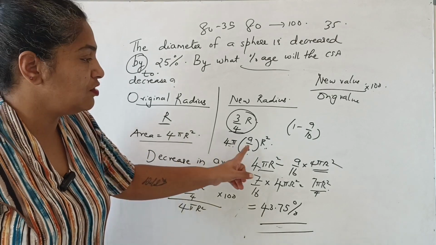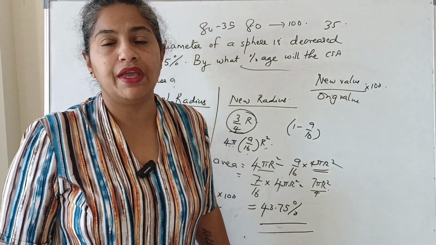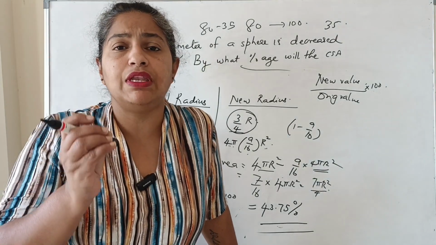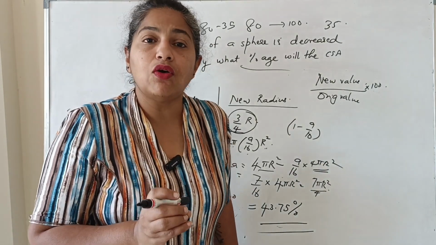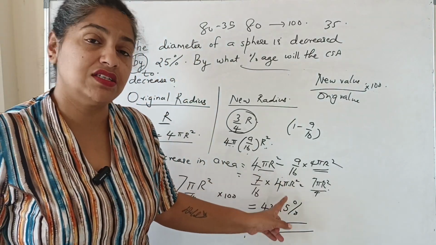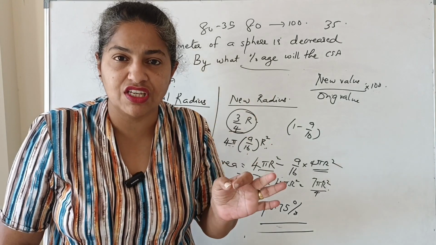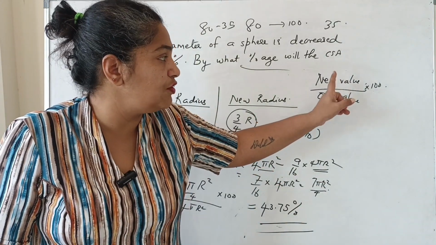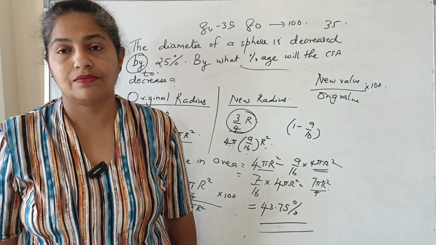Find the original area, find the new area. When they are asking the ratio, it is new area by original area or original area by new area, however the ratio is asked. If they are asking for the decrease or the increase, subtract. Get the value. In order to find the percentage decrease or increase, it is always the change in value by original value into 100. So you get this.